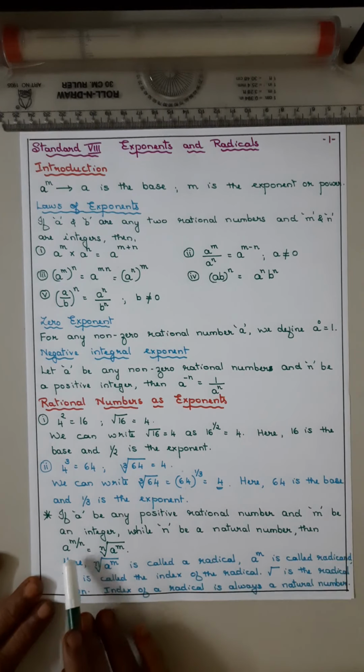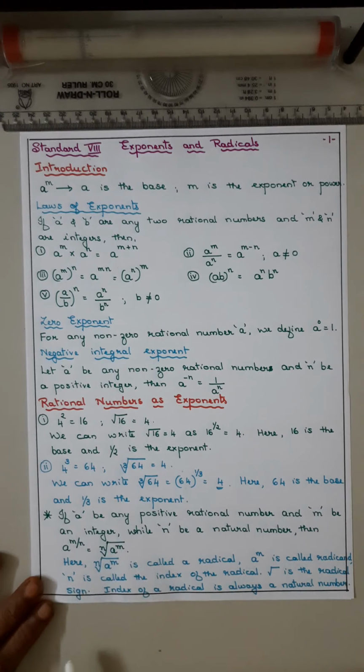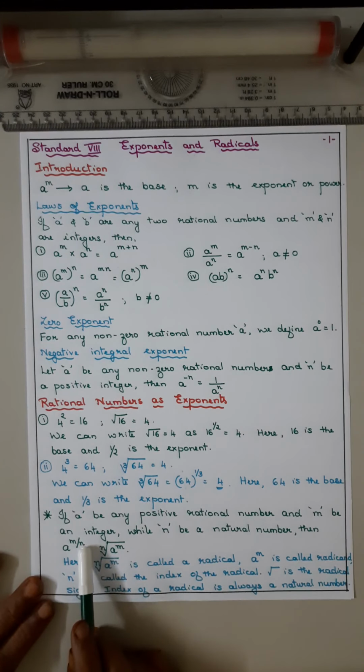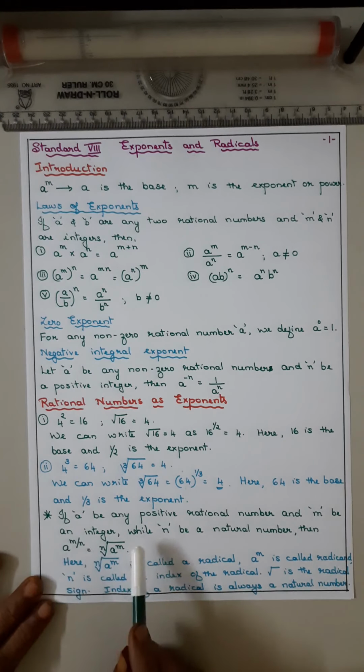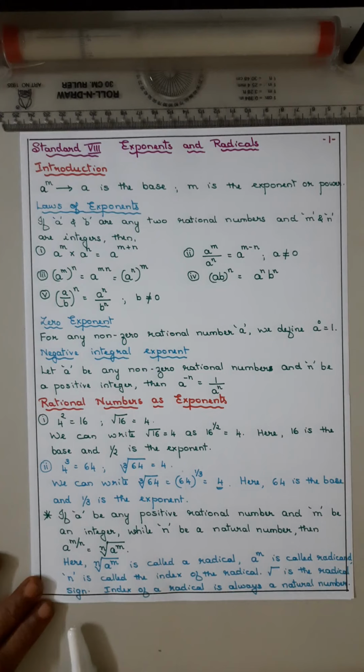Then a to the power m by n can be written as: the denominator will go out, nth root of a to the power m. Please understand, the denominator of the power will go out and the numerator will be written as it is.